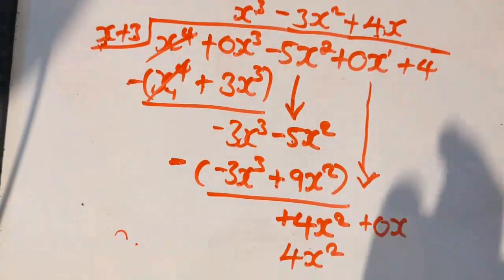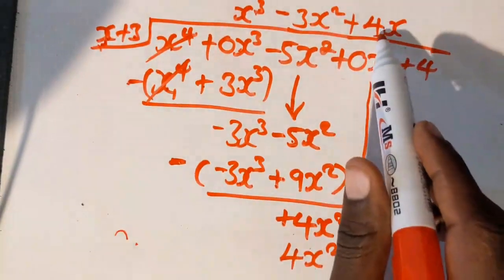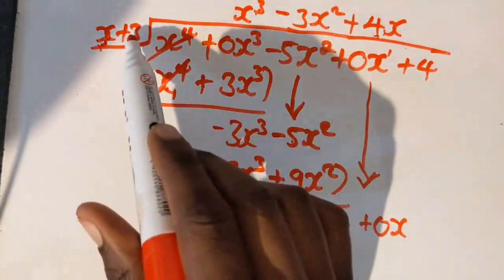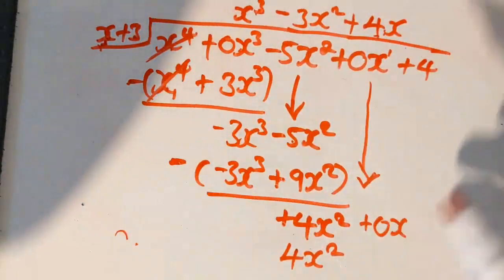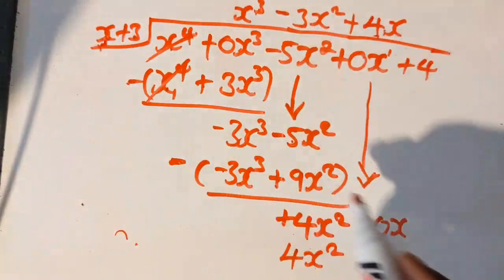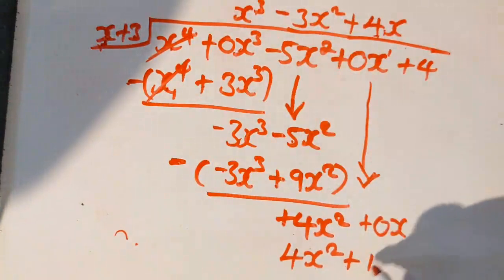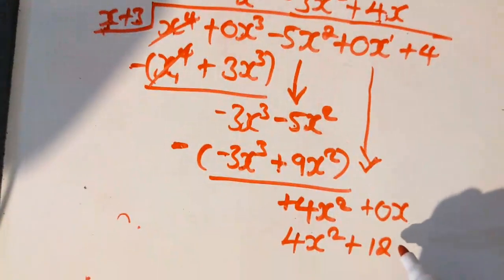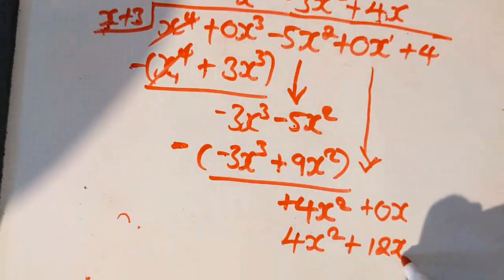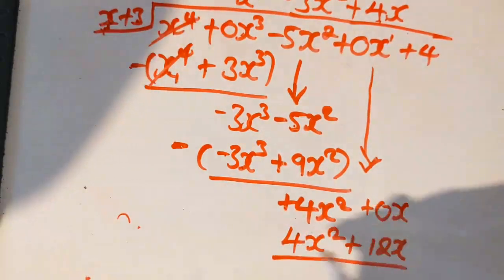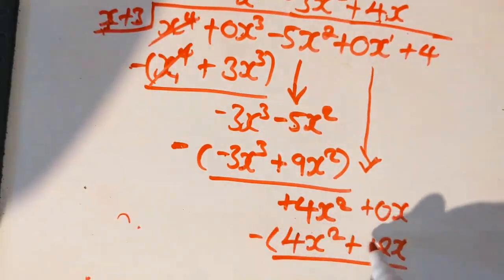Okay, then when we say this same one, 4x multiplied by 3, it is going to give us 4 times 3, that is 12. So that's positive 12x, like that. So here we subtract.